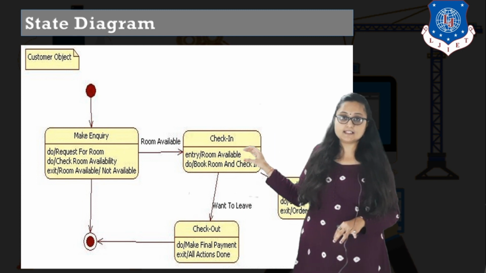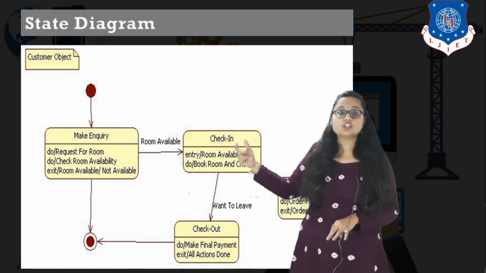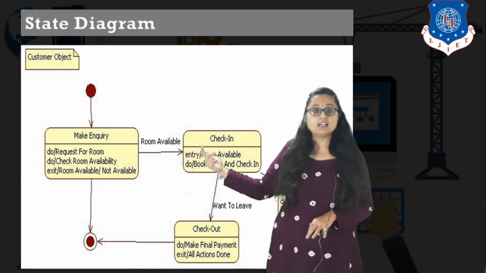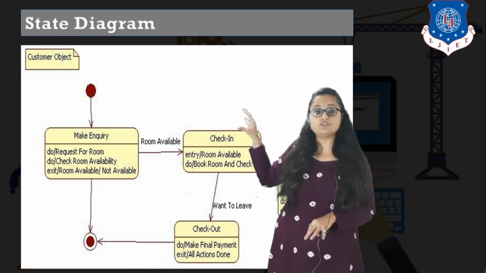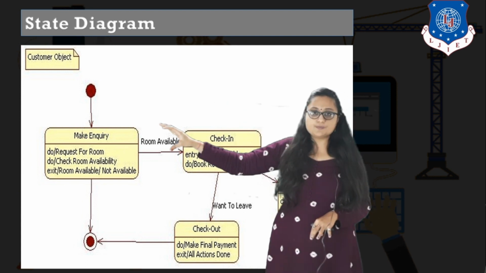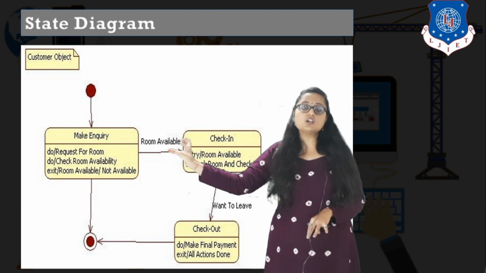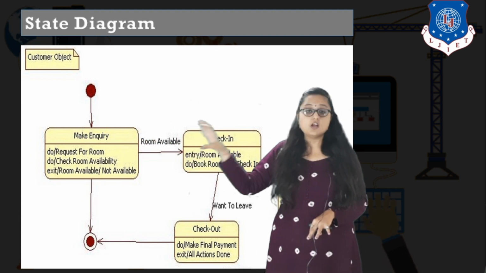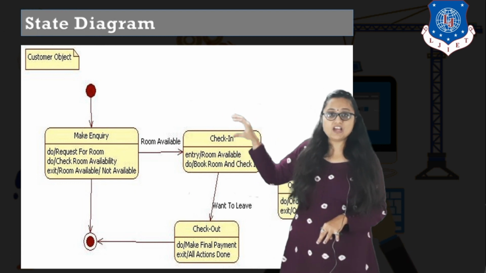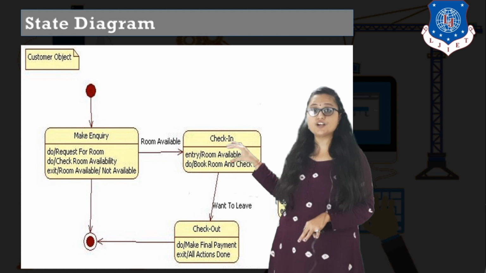The next state is check-in. In the check-in state also I have two conditions and activities related to that condition. The first is an entry condition, which means when will you enter this state. Already we have specified that for a state the arrow emerging from it is an exit condition, whereas the arrow coming towards it is an entry condition, right?